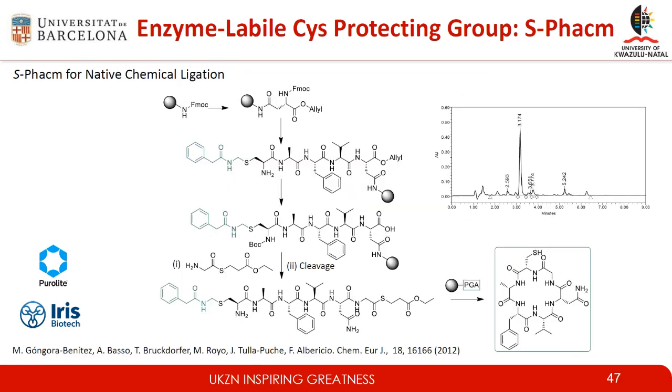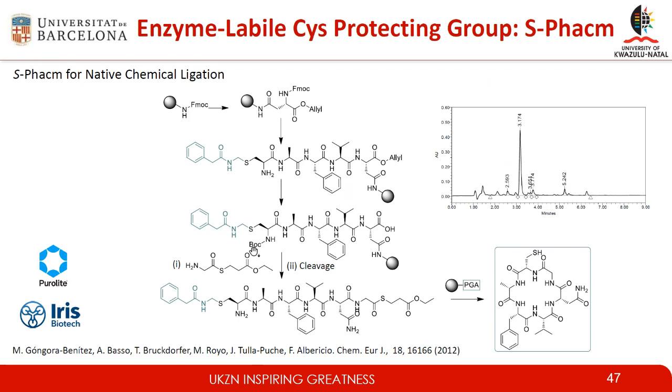Here is also chemical cyclization using native chemical ligation. In that case, we prepare the peptide using an aspartic acid by side chain anchoring. When we have finished the peptide, we introduce the first aspartic protected with allyl ester. We remove the allyl ester.